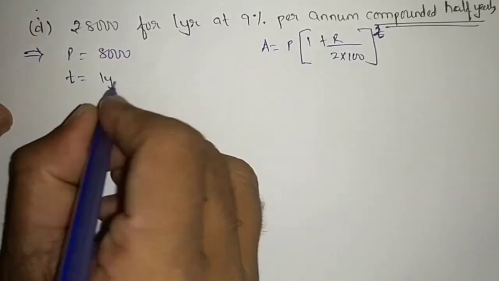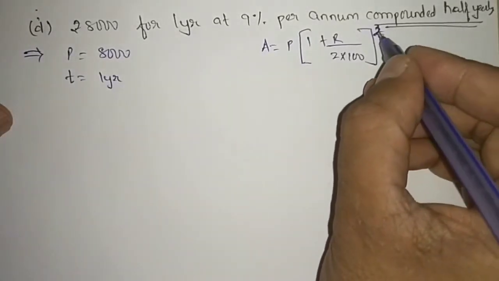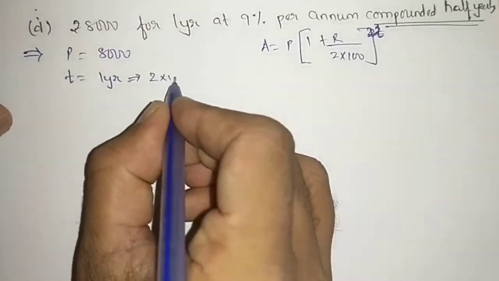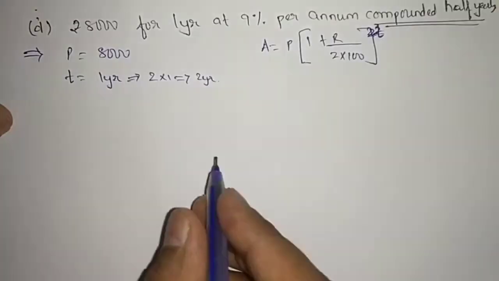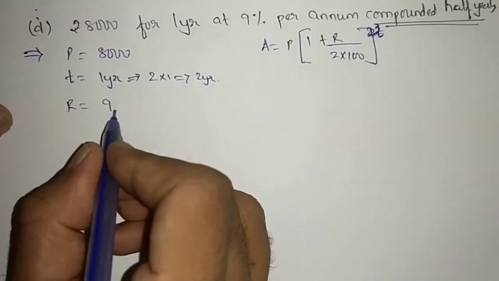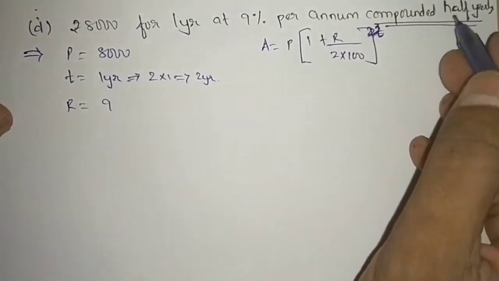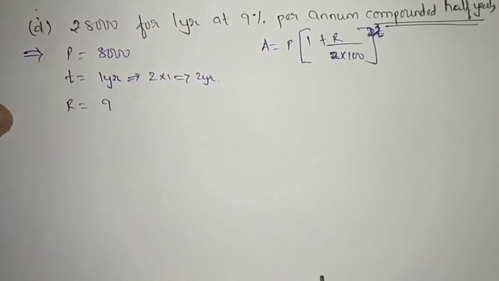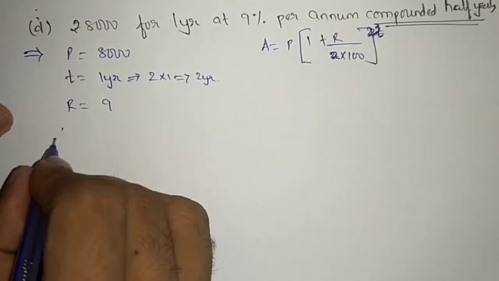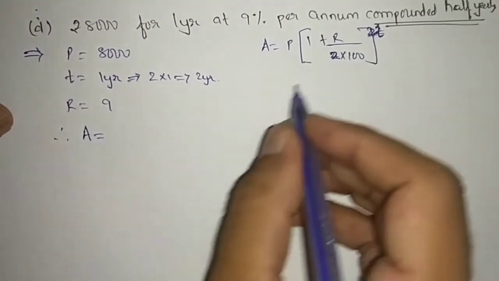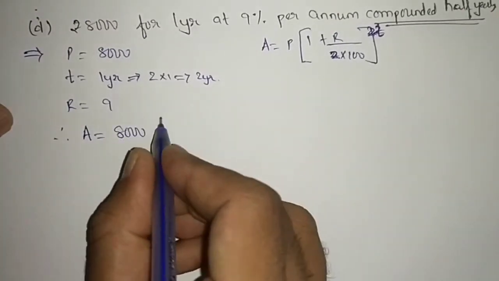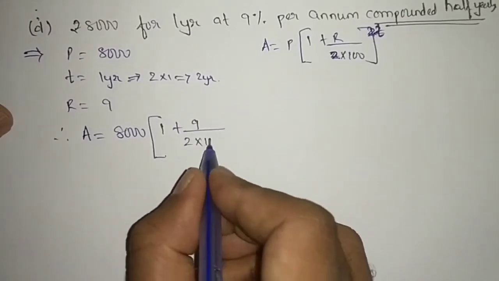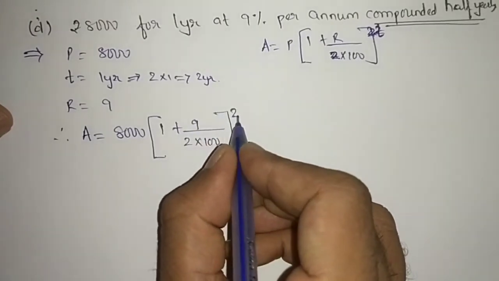T is equal to 1 year, but since here it will be 2t, we have to multiply it by 2, so we will get 2 years. Rate of interest is 9, but since it is half yearly, it is divided by 2, but it is already in the formula, so no need to divide here. We will put in the formula, so we will get A is equal to principal 8,000, 1 plus r, that is 9 divided by 2 into 100, whole raised to power 2.